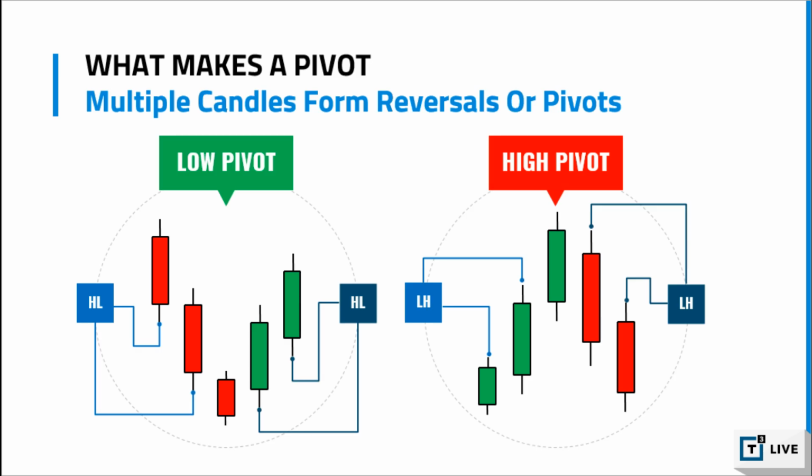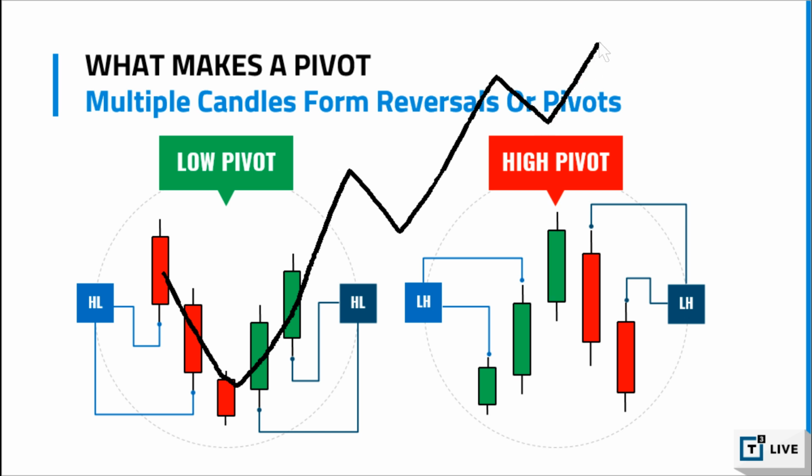Now, what makes a pivot? Does anybody know the answer to that question, by the way? What makes a pivot? Anyone? This is called a low pivot, which is when the bulls basically take back the control, and that leads to an uptrend, right? That's a low pivot.